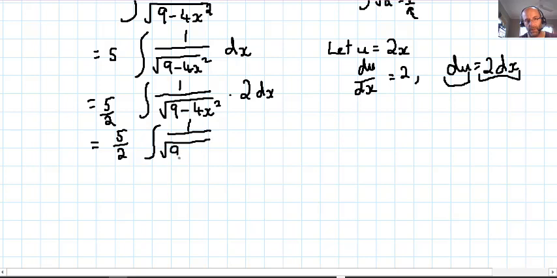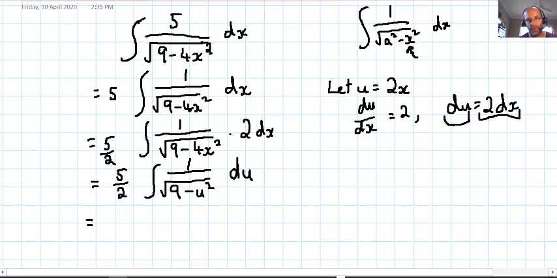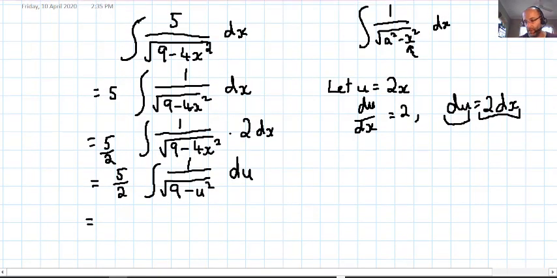Square root of 9 minus, okay, so remember u is 2x, so 4x squared is u squared. Now we have the form that we were looking for, with the u substitution doing some of the work for us there. So we can then use our rule we've established over the last few videos, and that will follow inverse sine.